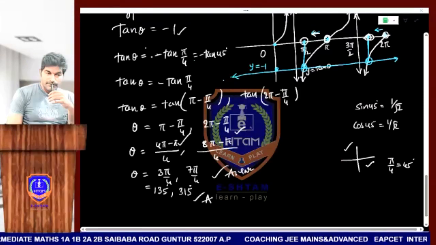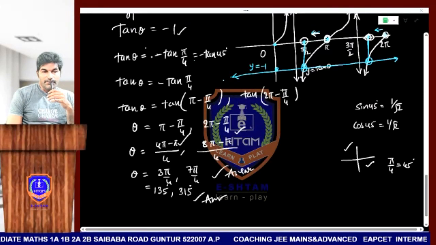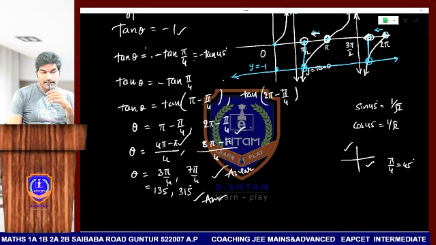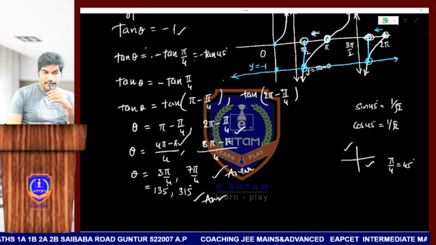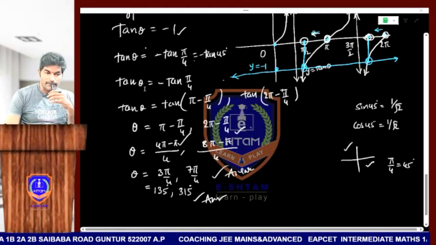So these are also answers. Either you can say 3 pi by 4 comma 7 pi by 4, or you can also say 135 degrees and 315 degrees. Understood?